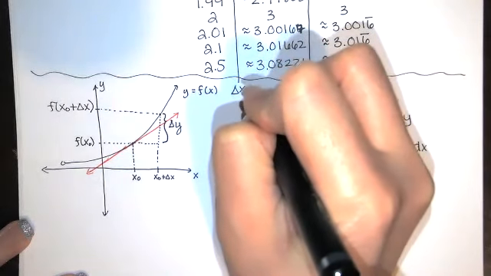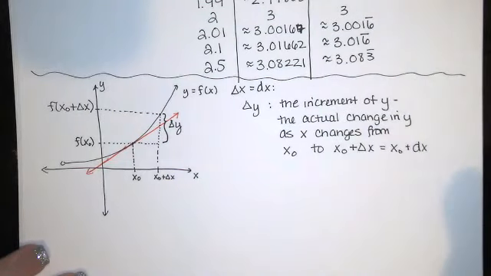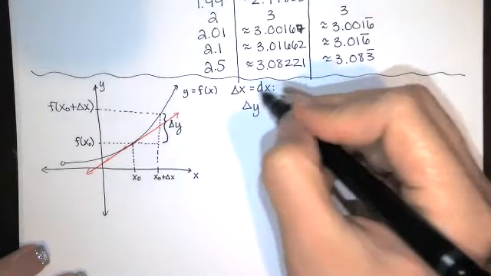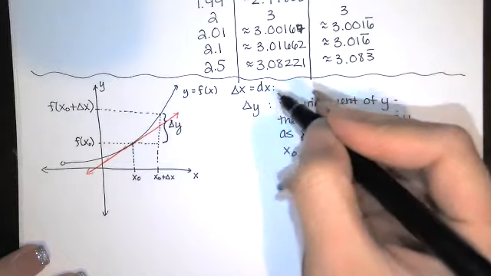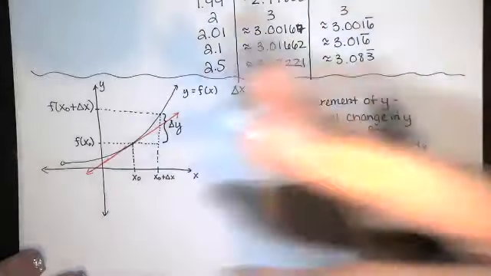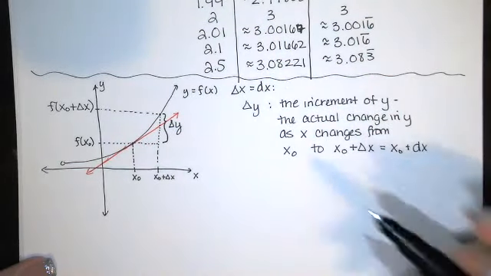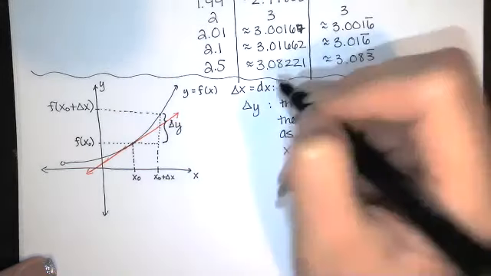So delta x is equal to dx, and some people really groan and it really bothers them for us to say that this finite change in x is equal to this infinitely small change in x. But whatever, we're just going to stick with this because that's what people do when they're studying differentials. This represents a small change in x.